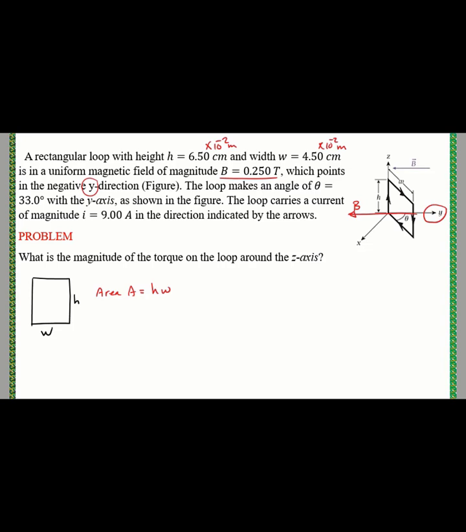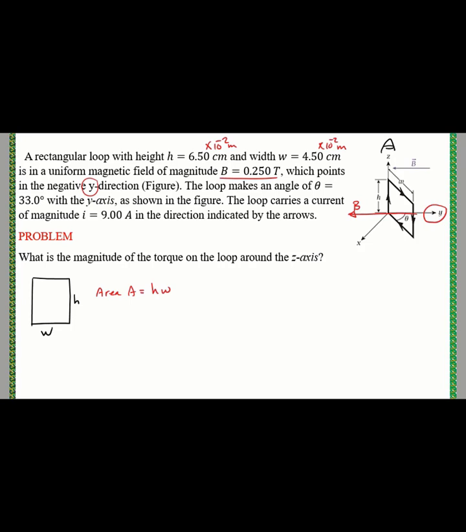The loop carries a current, this is the current, in the direction indicated by the arrow. What is the magnitude of the torque? Please be careful for this question. Let us look at this loop from the positive z-axis.